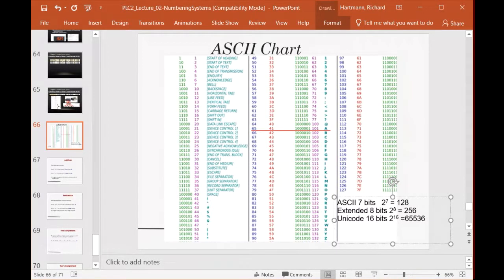This allows us to cover every symbol in every language on the planet and still have lots of space left over. Okay, so when we do Unicode, we got 65,536 unique possibilities of information that we can store in this Unicode value.